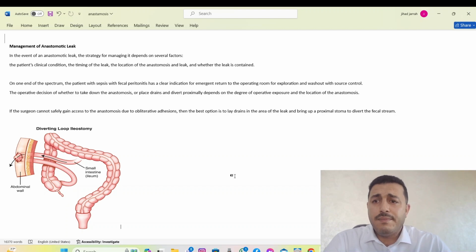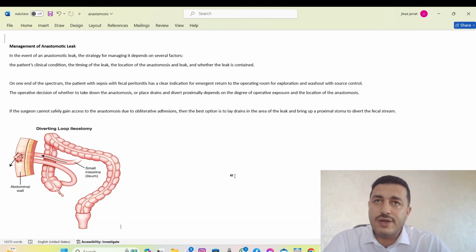Another factor that plays a role in the management is the size and time. Regarding the time, usually lower GI anastomotic leaks present late compared to upper GI anastomosis, and a late leak means that we have adhesions, obliterative adhesions, and a question appears about the accessibility to the anastomosis and the leak itself.